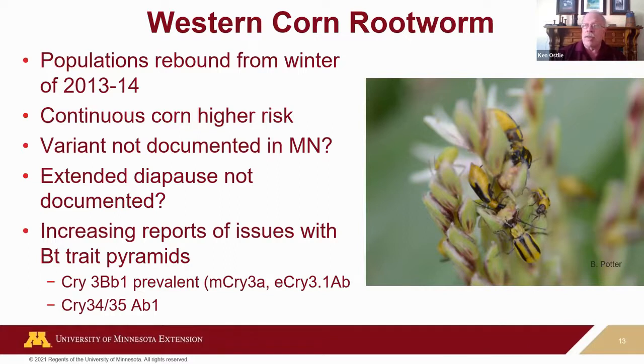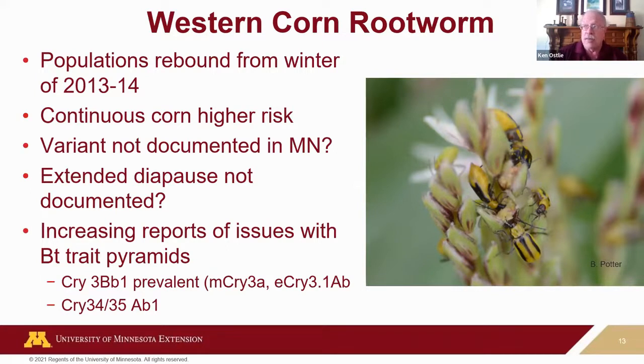Instead, the behavior that's given them resistance to crop rotation has been to shift egg laying location. The soybean variant describes the particular Western corn rootworms that have shifted this egg laying behavior and now lay eggs in corn and soybeans and small grains and alfalfa.